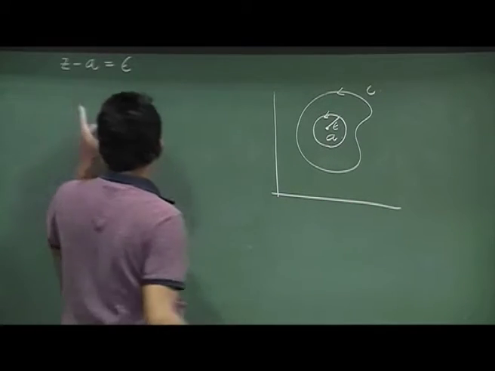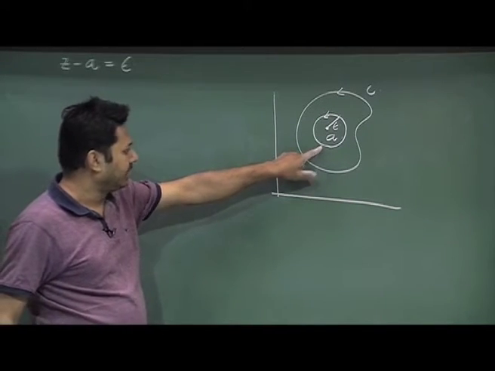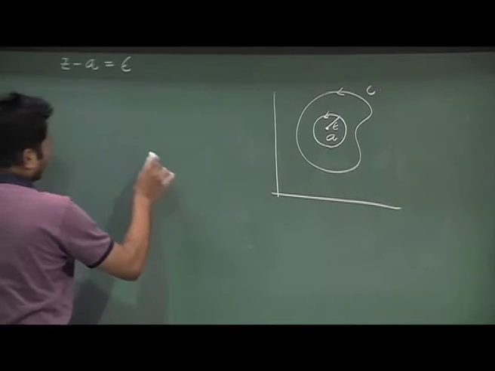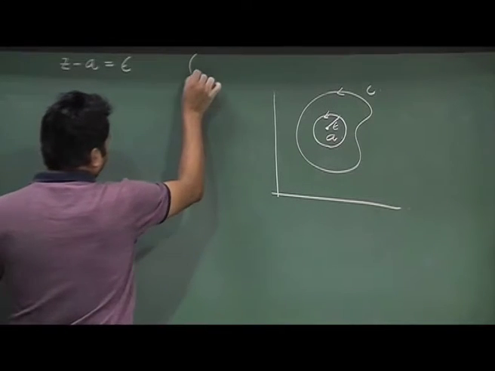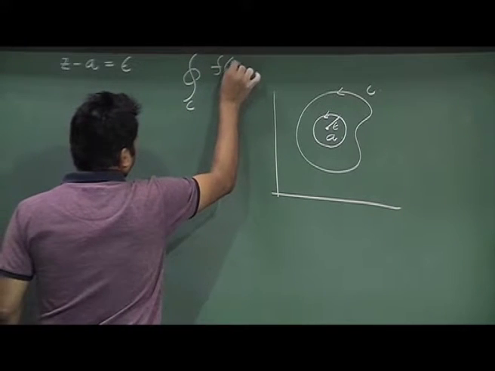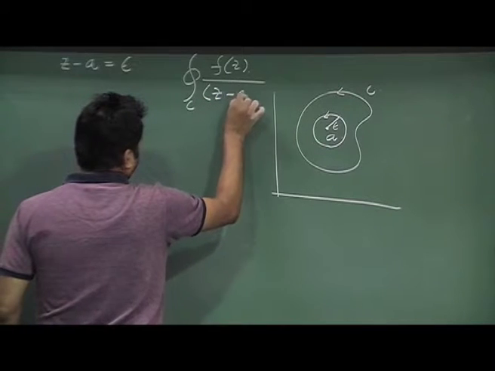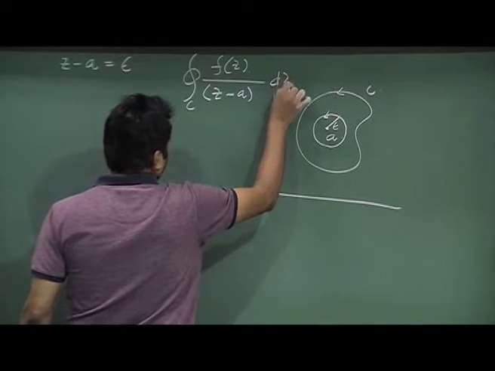So now, for this small circle, the value is the same. I just want to evaluate this quantity, the integral over C of f(z) divided by z minus a, dz.